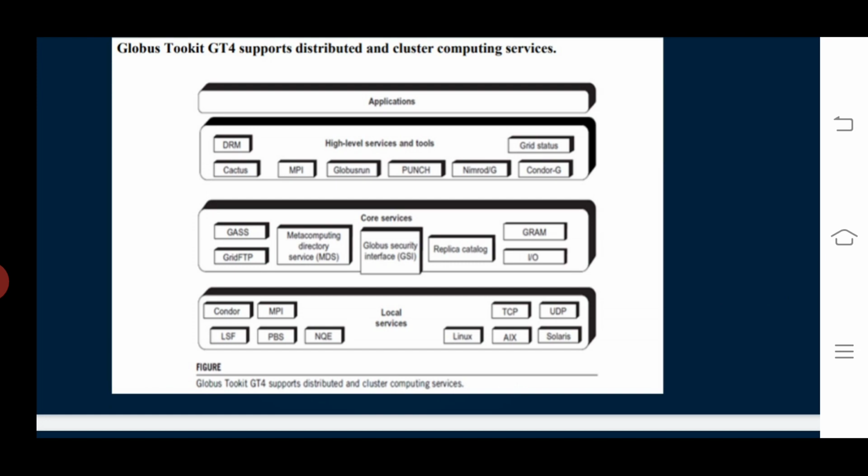Previously, I told you what the shared resources are. They can be computers and storage, data networks, services, and science instruments, for example sensors and so on.